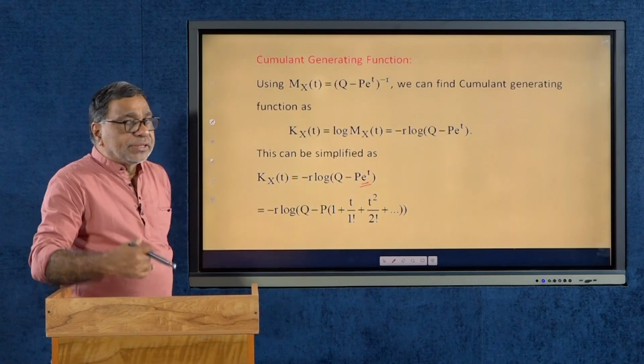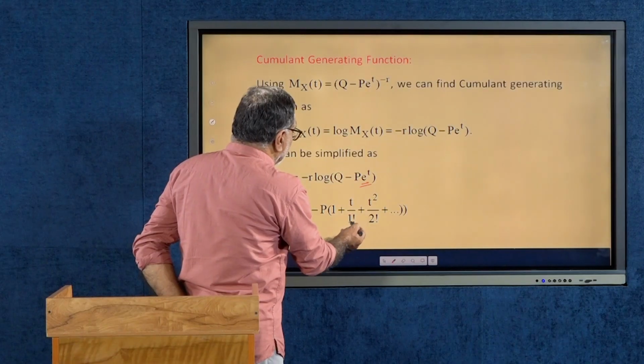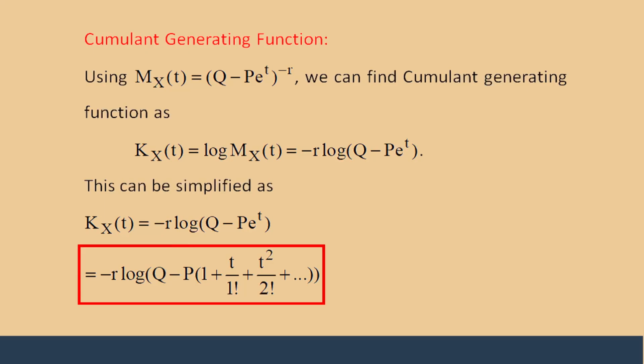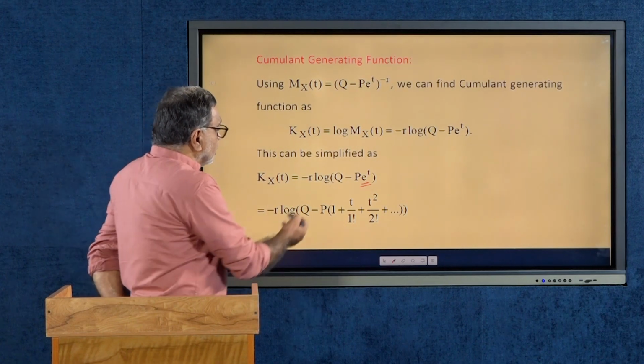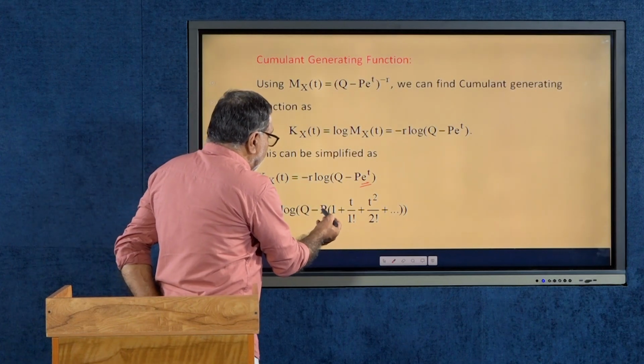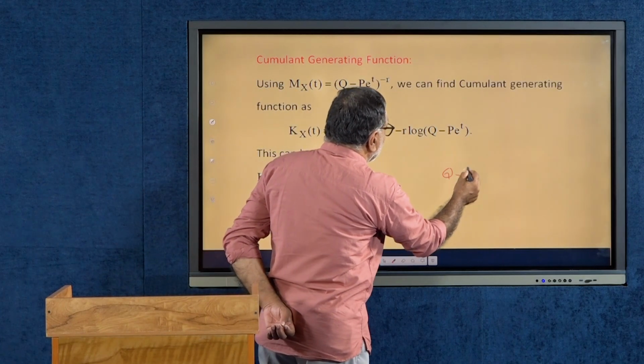This e power t is expanded, that is 1 plus t divided by 1 factorial plus t square divided by 2 factorial plus etc. And based on that expansion, remember Q minus P is equal to 1.